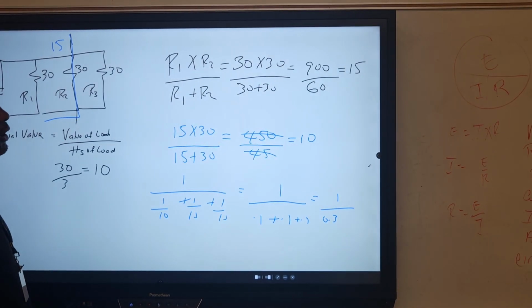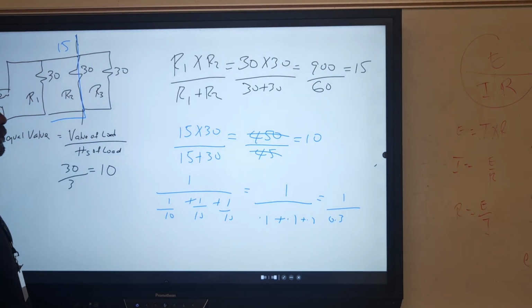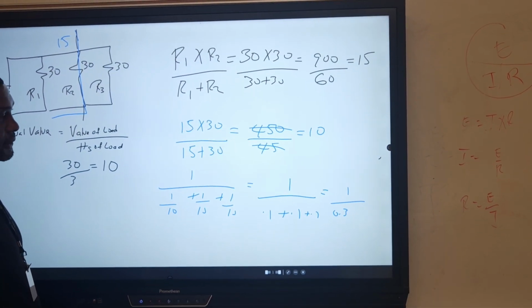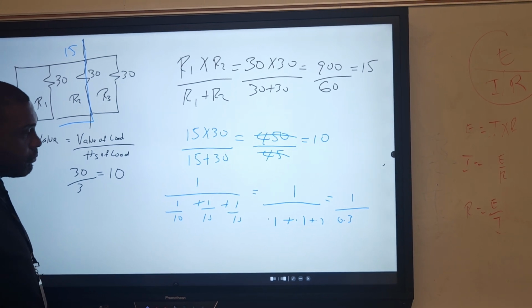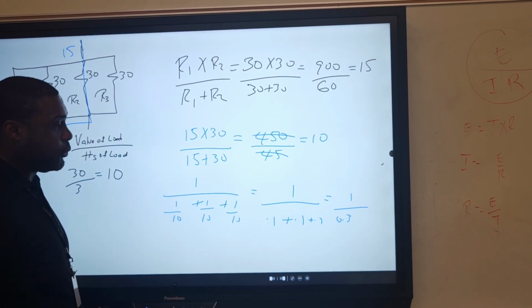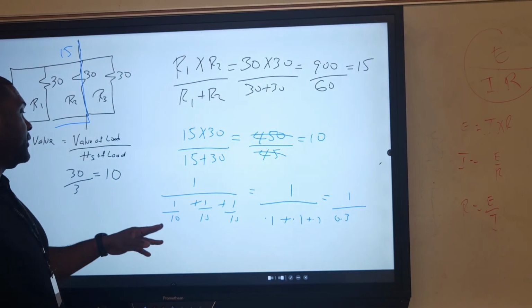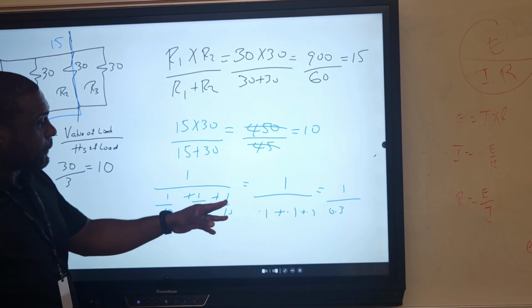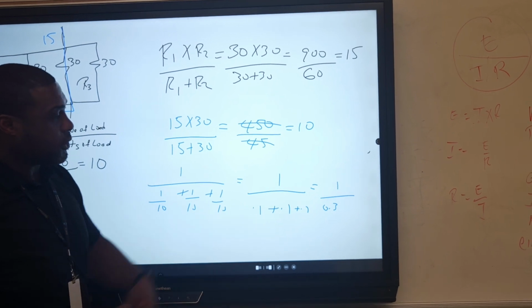Then what did I do wrong here? What's 1 divided by 10? That's 0.1, right? So 0.1 plus 0.1 plus 0.1.